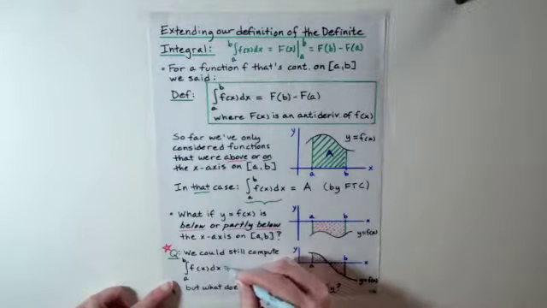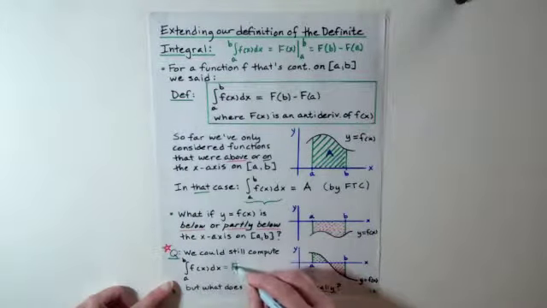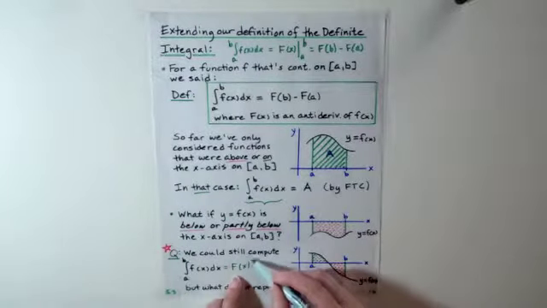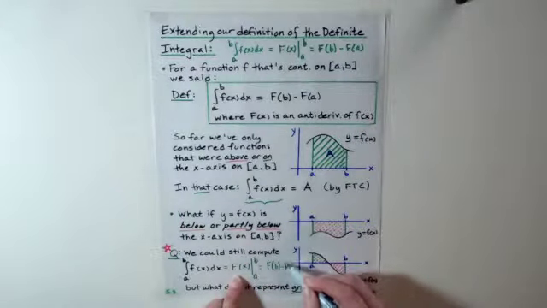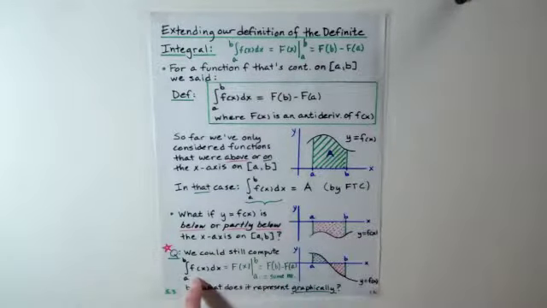As long as you can find an antiderivative of little f, you could plug in your limits, compute capital F of b and subtract capital F of a, and you'll get some number. So as long as you can find an antiderivative of little f, you can compute this integral. There's no problem doing it.